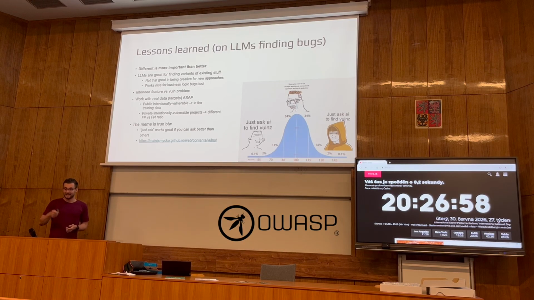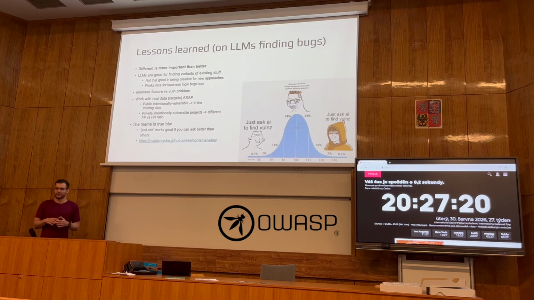So yeah, and now for the damn vulnerable web applications, I think the best is to work with real data and real targets as soon as possible, because those public, intentionally vulnerable apps can be in the training data for the models, so it will be skewed.